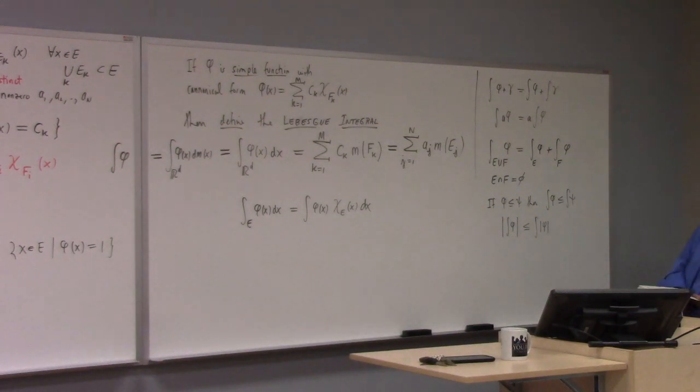But this litany of properties, independence of representation, linearity, additivity, monotonicity, and triangle inequality, these four properties of the Lebesgue integral are going to be repeated for us as we go through the chapter at each stage of sophistication.